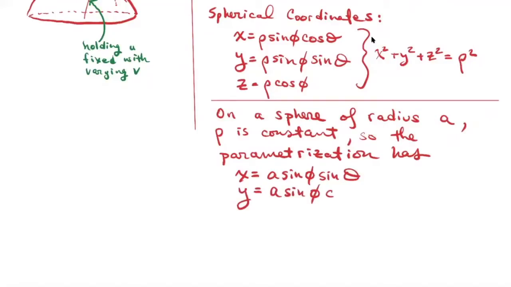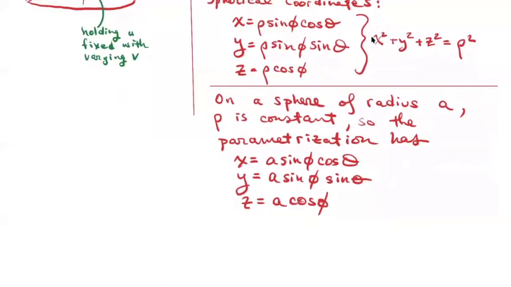Oh, I got this backwards. Sorry, guys. x has got to have the cosine, and y has got to have the sine. And z gets an a cos phi. Okay, and that's how you parameterize a sphere.